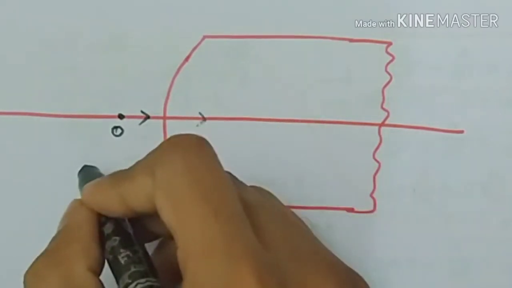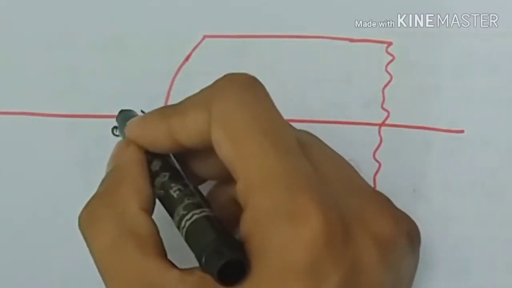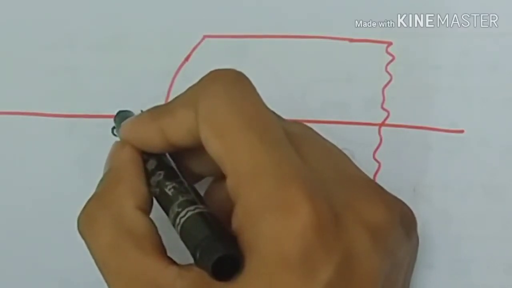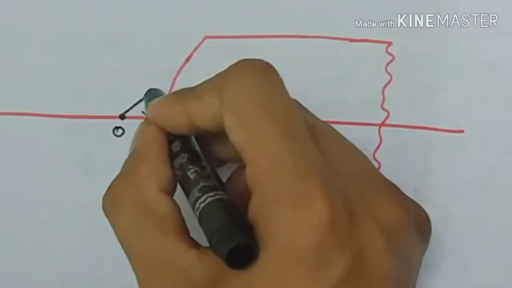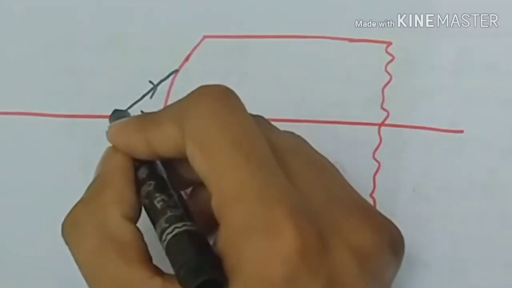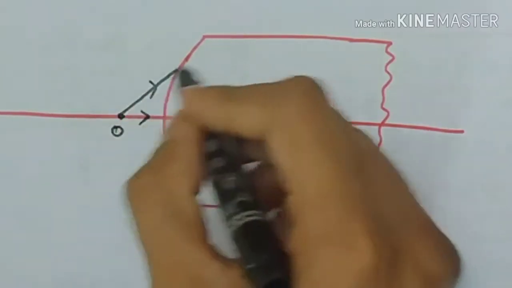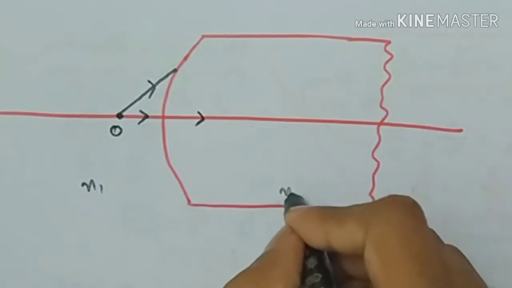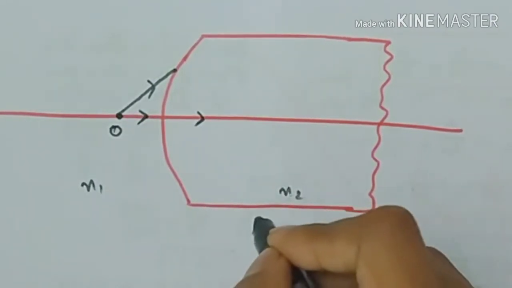It will pass without any deviation. The next light ray that I am considering is a light ray which is moving like this, and this light ray is trying to enter from the rarer medium to the denser medium, that is from a medium of refractive index n1 to a medium of refractive index n2.